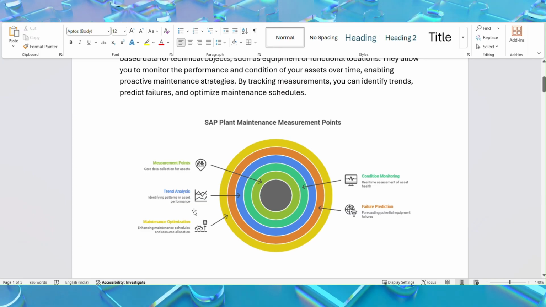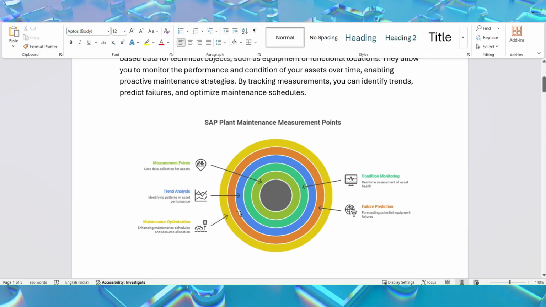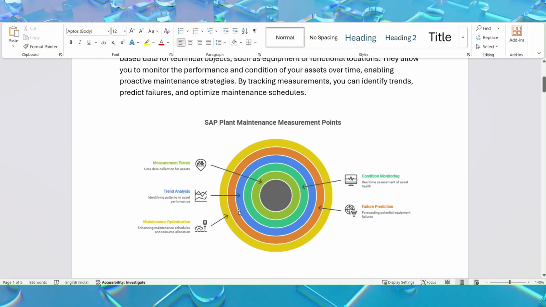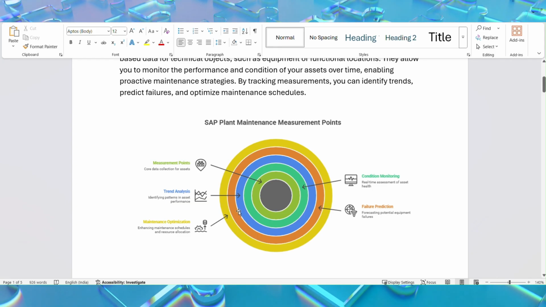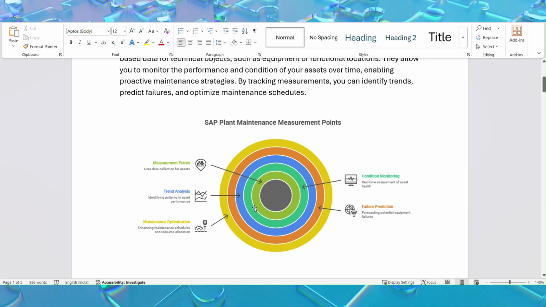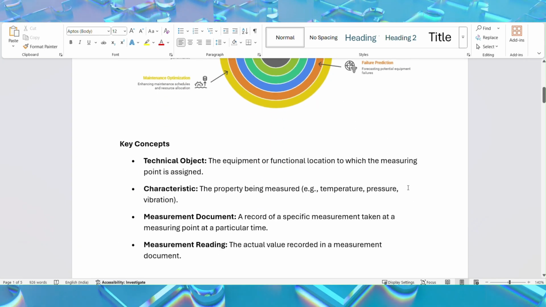Okay, and then the maintenance optimization. So how we should maintain the asset so that the condition can be restored. For that, we need proper maintenance activities, maintenance schedules, and assignment of the skilled technician based on the task. Okay.